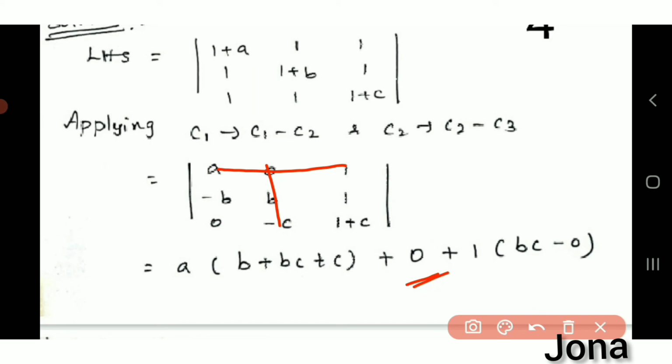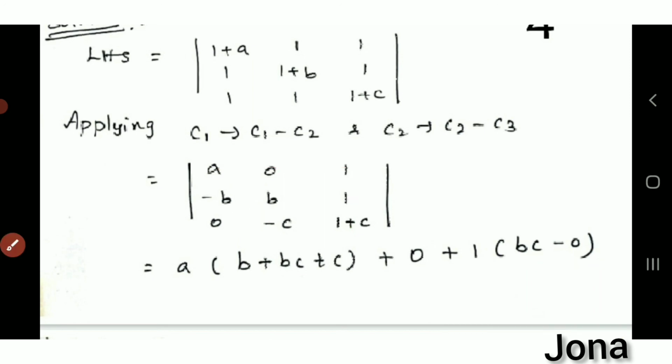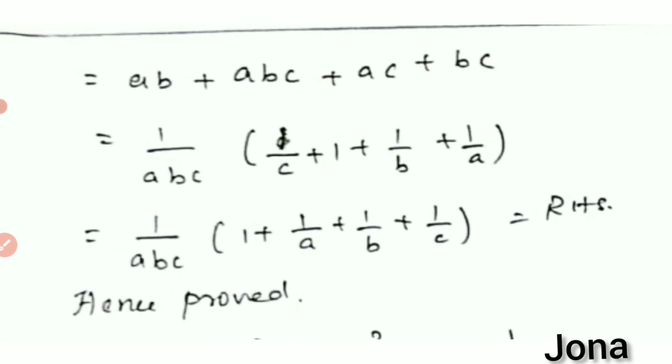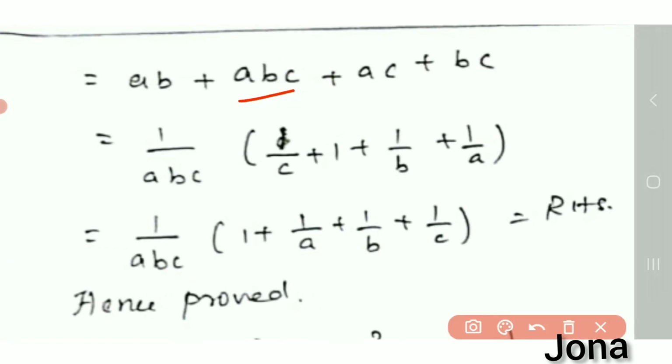And then plus 1 into, we have to leave this and cross multiply this, bc minus 0. Then we have to simplify this thing. If we multiply, inside the bracket we had ab plus abc plus ac plus bc.